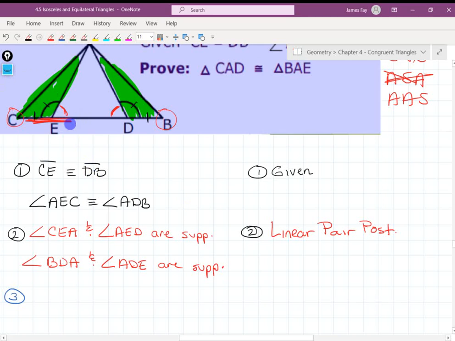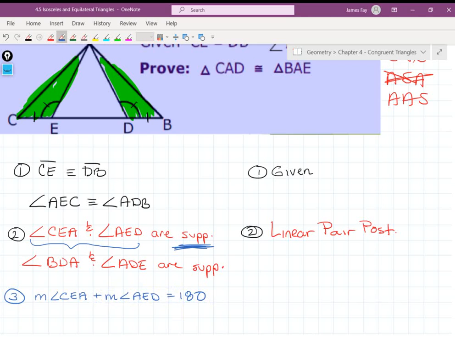Think about this, and I think it's easiest and most obvious that when using vocabulary, if they're supplementary, what does that mean we can do with those two measurements? But what's supplementary mean, though? By definition, yeah, they add up to 180. So I want to say that.